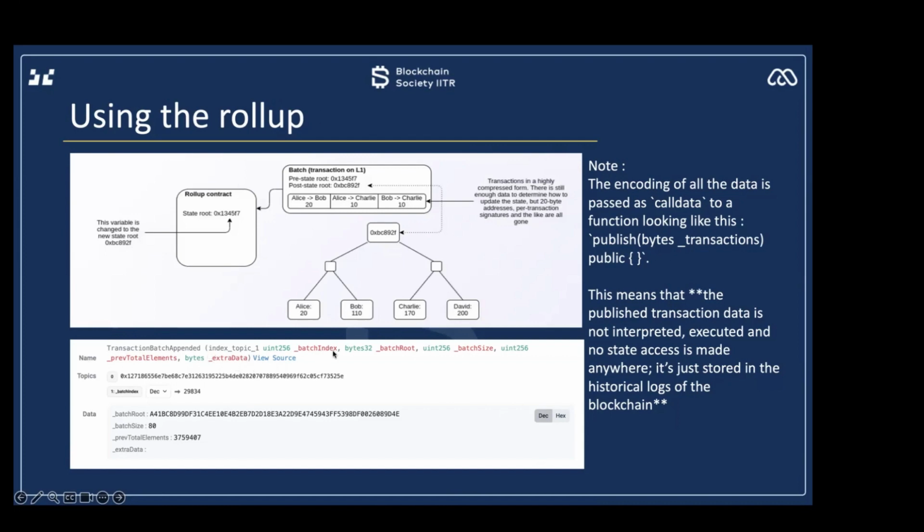These are all the arguments of the function. In this way, we have provided all the data to the L1 blockchain in the form of arguments: the batch root, then batch size, previous total elements, and whatever extra data. Okay. In this way, we use the optimistic rollups.